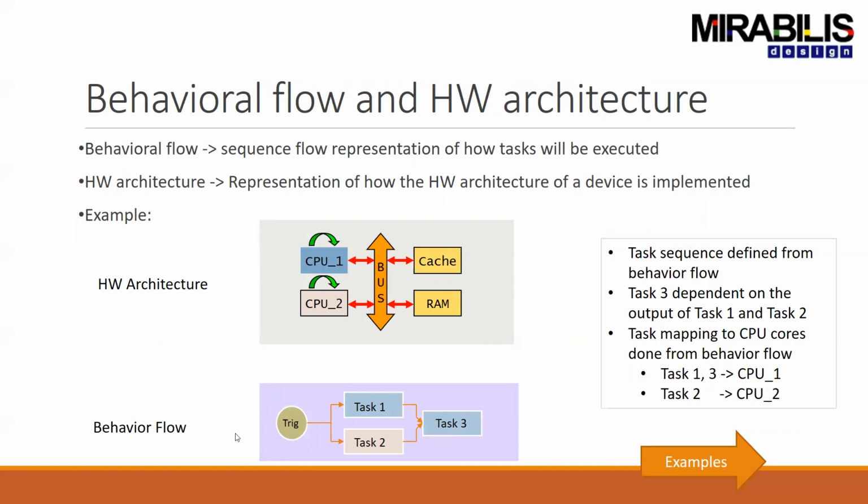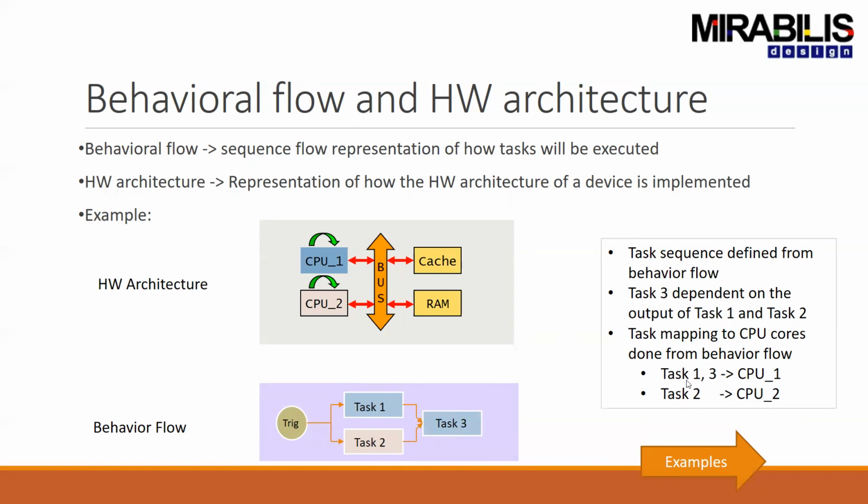In the behavior flow, once a trigger comes in, task 1 and task 2 are triggered. For task 3 to get started, we require the output of task 1 and task 2. So task 3 is dependent upon the outputs of task 1 and task 2.